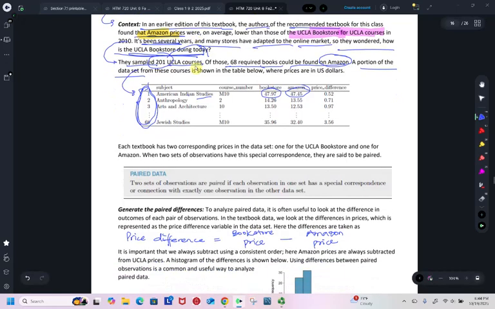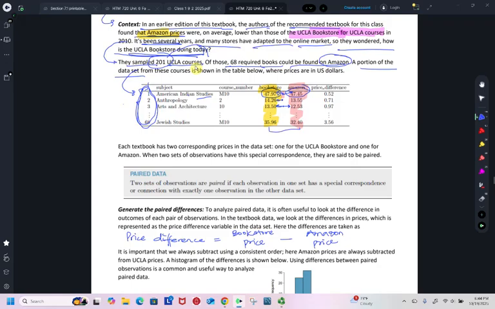Now, our interest is to look at the distribution of prices at the bookstore and the distribution of prices on Amazon, which means that for each of the courses, we can find two data values corresponding to each book.